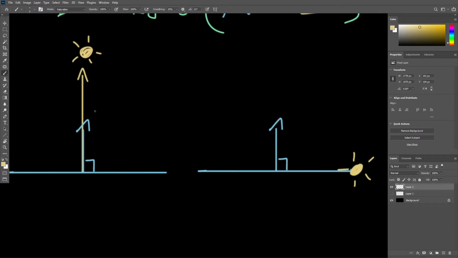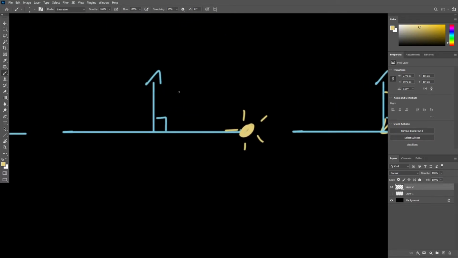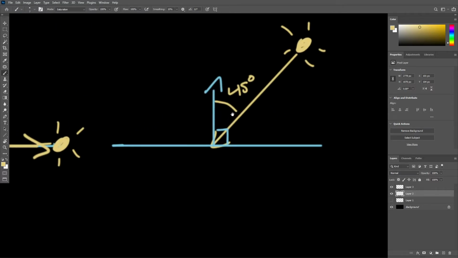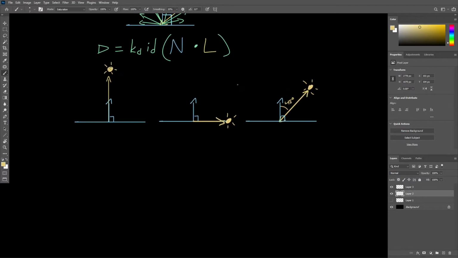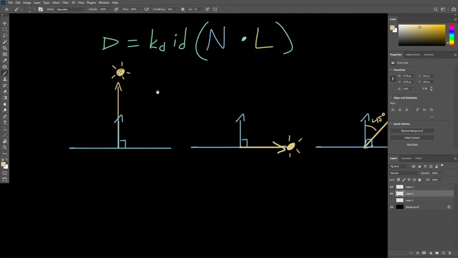There's our light vector in this scenario pointing up to the light source. In this other extreme scenario, there is our light vector. To be accurate, I should be drawing the light vector from the surface point to the light source, just so we can take these dot products properly. So let's go ahead and take the dot products here.